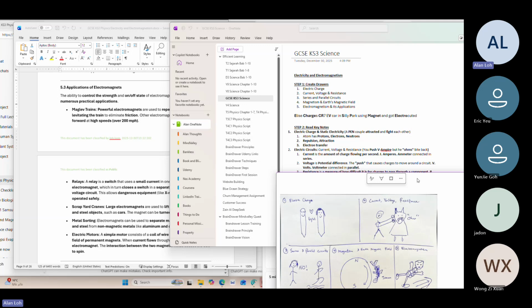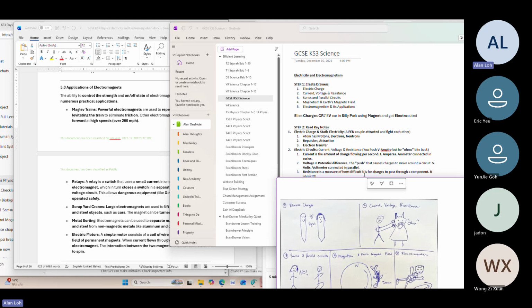Then you can tell about the device used to measure current, which is ammeter, and voltage, which is voltmeter. Then you can also extend it by saying that voltmeter needs to be connected in parallel, ammeter needs to be connected in series. On the resistance side, you can also talk about the conductor and insulator. What is the difference?